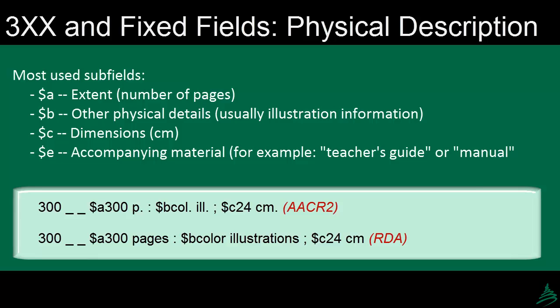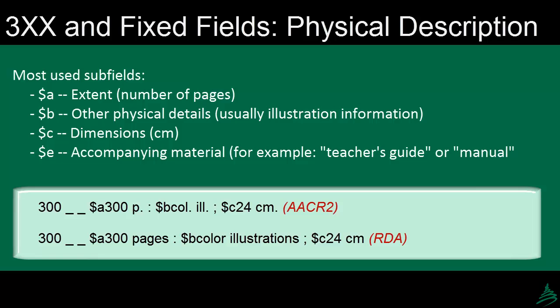But in DVDs, again, RDA is trying to standardize, so they don't want a combination of inches and centimeters, but it's okay if you have, say, a measurement for a DVD in inches in the 300 subfield C. I prefer to use the centimeters just because RDA is trying to standardize it, but that's a judgment call. So if you want to just leave it as you find it, leave it as you find it. Change it if you want. But that's a little bit of the flexibility in RDA.